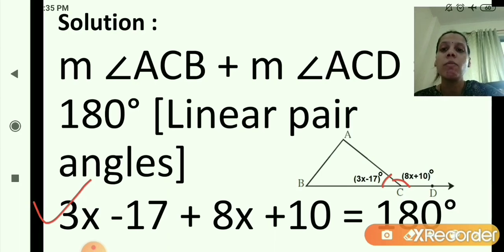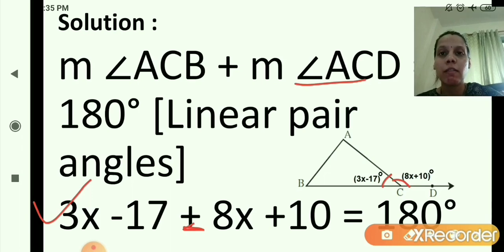Correct? So we will put the values. The measure of angle ACB is 3x minus 17, plus we will write down as it is. And what is the measure of angle ACD? That is 8x plus 10. So you will write down 3x minus 17 plus 8x plus 10 is equal to 180 degree, right? Now next step.